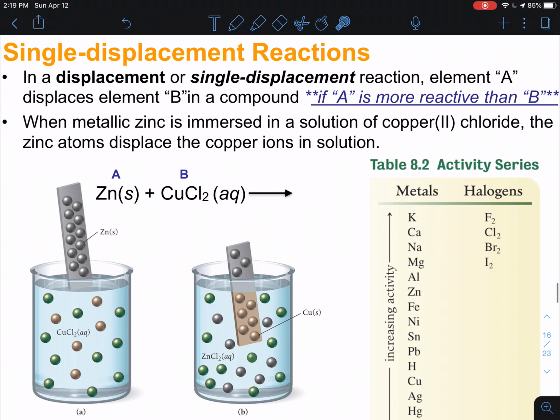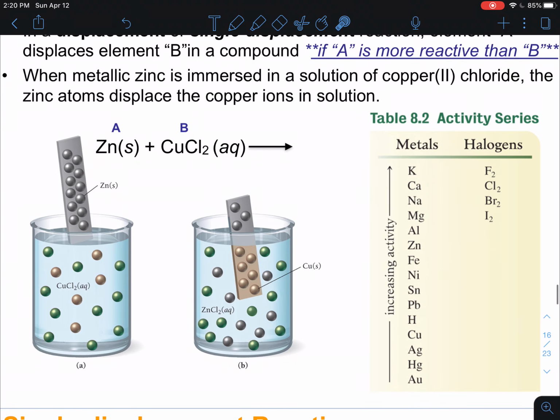So I'm just going to go through this with you really fast. We have an activity series to determine whether or not something will react. So I wrote on the previous slide that zinc is going to displace copper. It's going to kick copper off, make copper form a solid, and it's going to now form zinc chloride. The only way we know that this will happen is we have this thing called an activity series, and it's very easy to use.